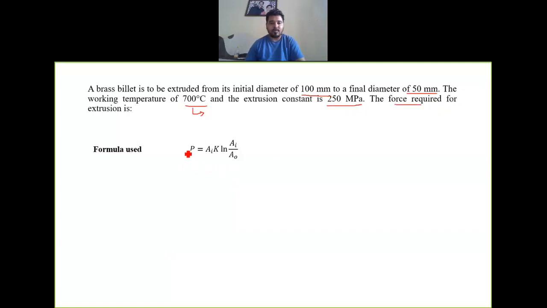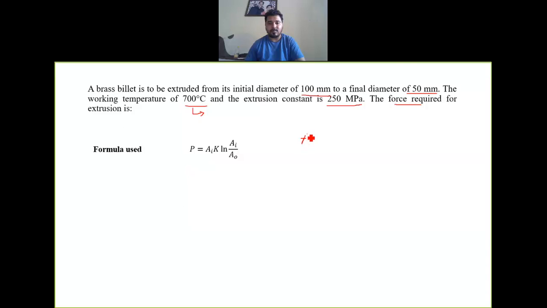The formula used for this numerical is: force is equal to initial area into K ln AI upon AO. In the question, the initial diameter and final diameter are given. With the help of the initial diameter and final diameter, we calculate the initial area and final area.